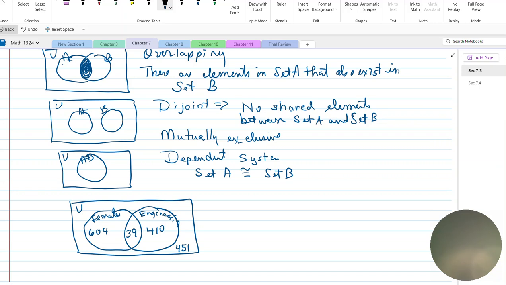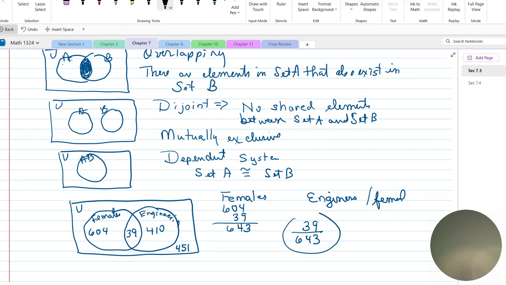So from this, we can figure out that the total set of females is 604 plus the 39, 643 females. And then as engineers, female, well, then we would know that would be 39 out of that 643.